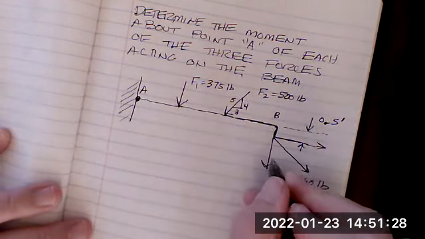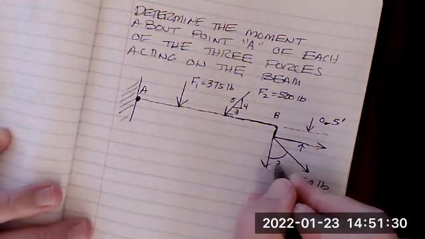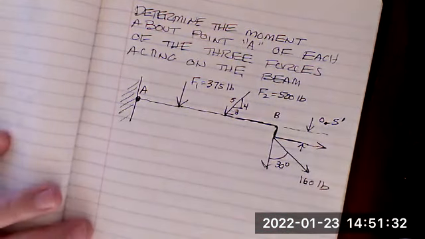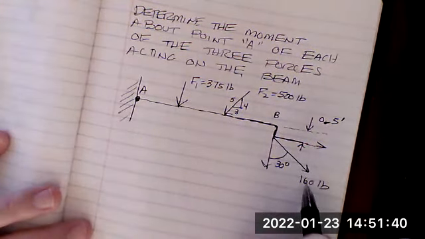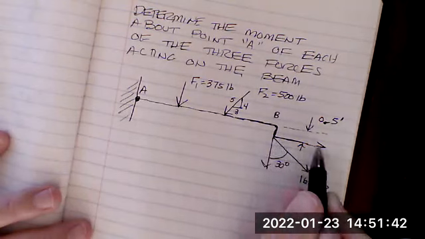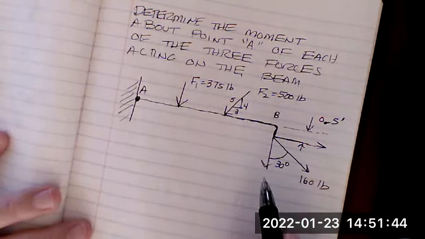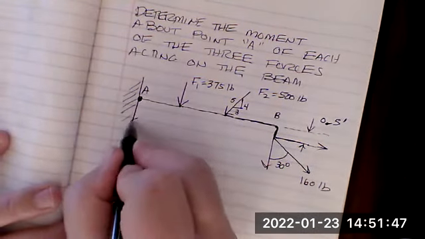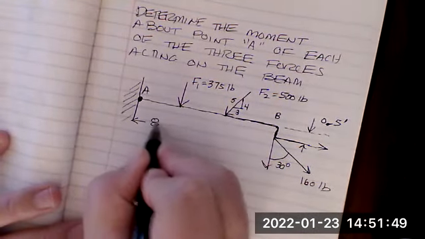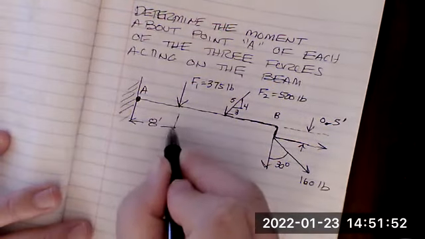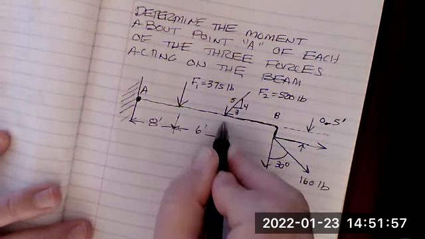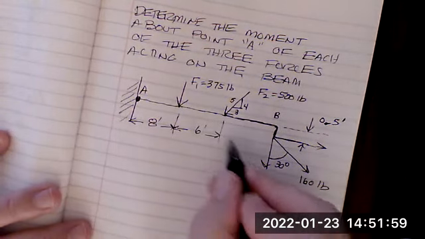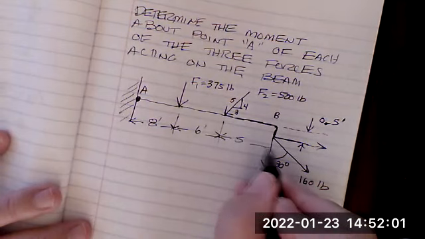This angle is 30 degrees. We will have to take this force of 160 pounds and break it up into its horizontal and vertical components. Now we need some dimensions. This dimension is 8 feet, this one is 6 feet, and this one right here is 5 feet.